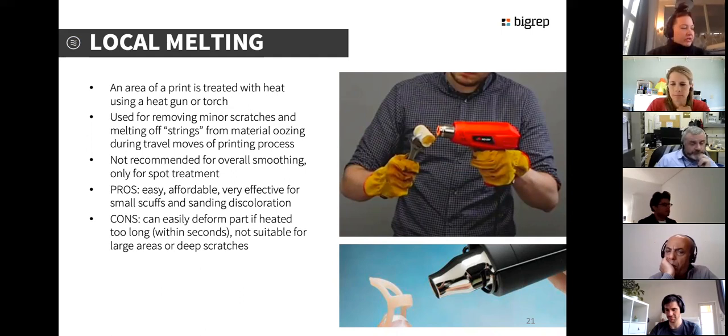You may have a print that has little strings hanging off of it from when the print head is moving, oozing during travel moves, things like that. You can simply use a heat gun and heat the area for a few seconds. You can also use a torch like this. The pros are that it's super easy, it's affordable, it's really effective for small scuffs.